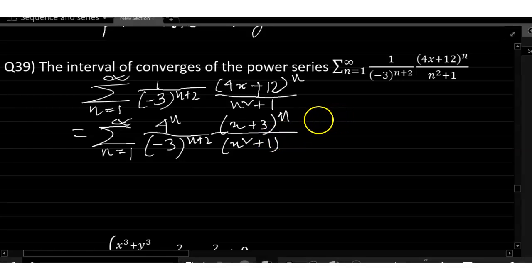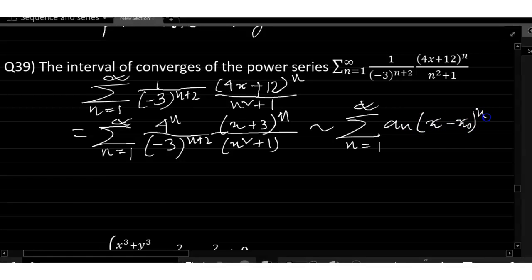It can be written as summation n equals 1 to infinity a_n (x minus x0) whole to the power n.